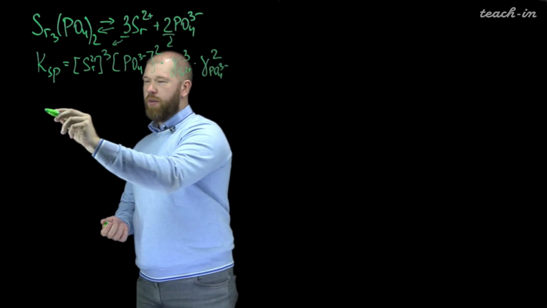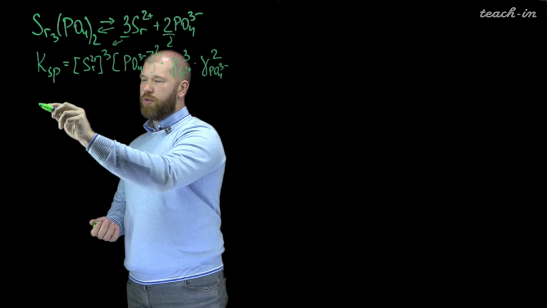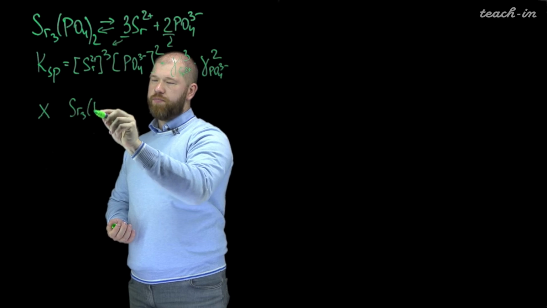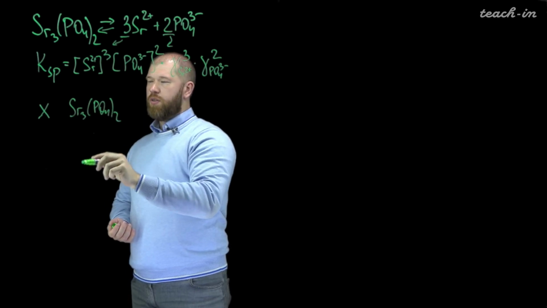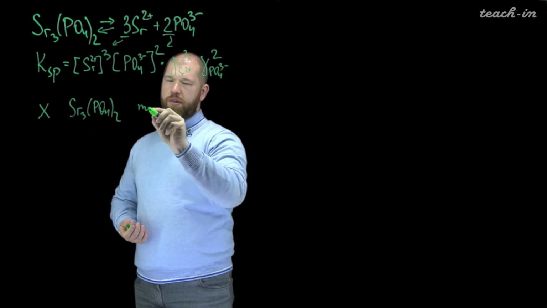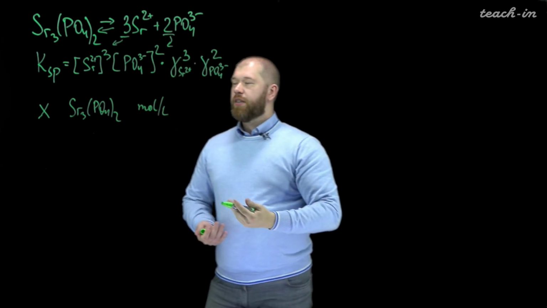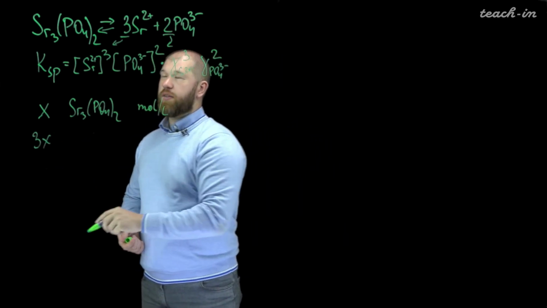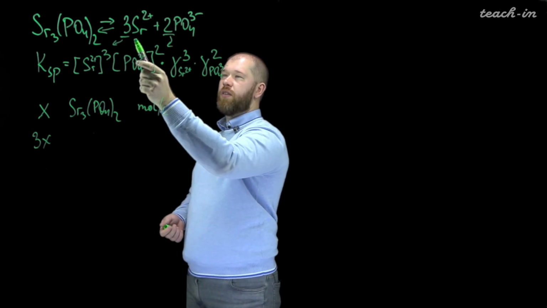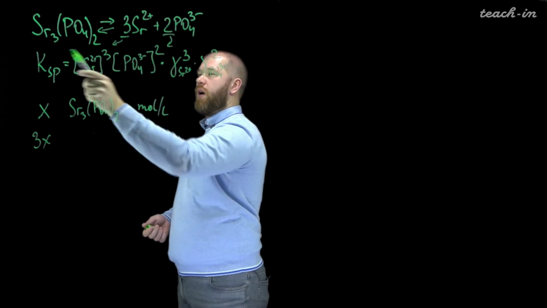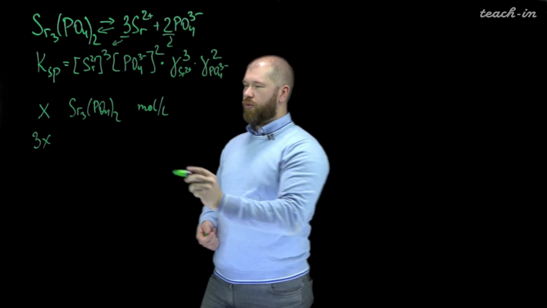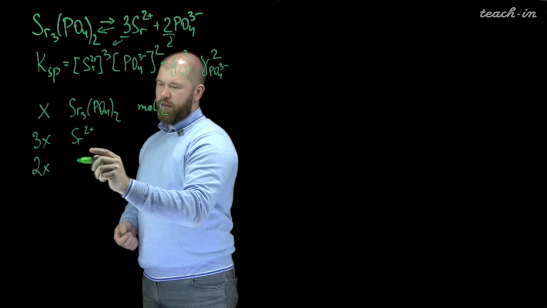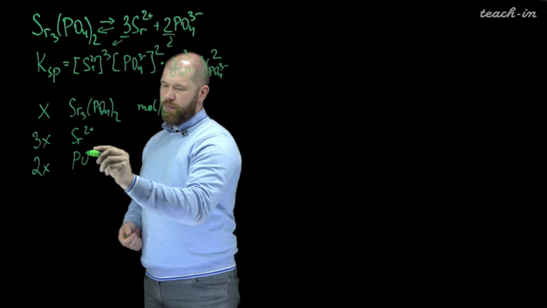Thus, if we know that the concentration of strontium phosphate is X mole per liter, let's say, then the concentration of strontium cations will be 3X, because 3 strontium ions will come from one molecule of strontium phosphate. And the same for phosphate, it will be 2x.